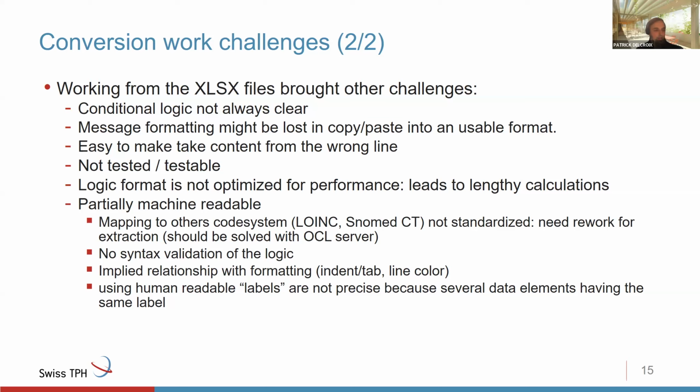There is mapping, as I mentioned, to SNOMED, to LOINC, and so on, but they don't have a standardized approach. Sometimes you have two codes in one cell, sometimes you have one, and this kind of thing. So if you want to do mapping, you'll have to do extra work. You have to know it, and when you know it, you have to be careful.